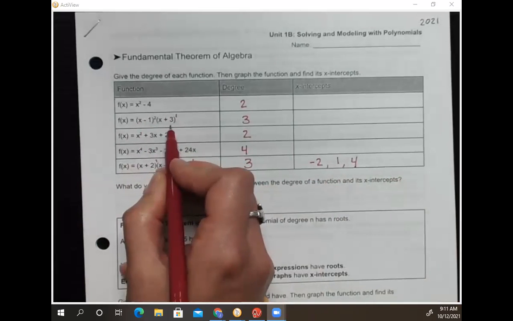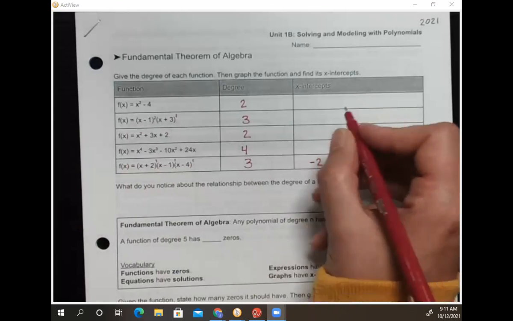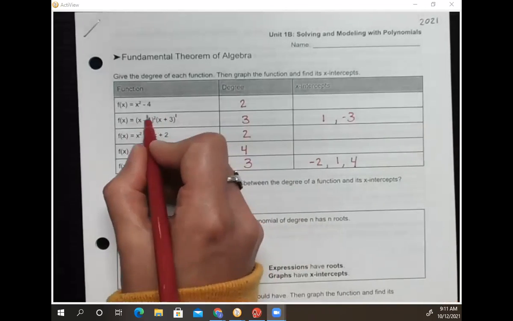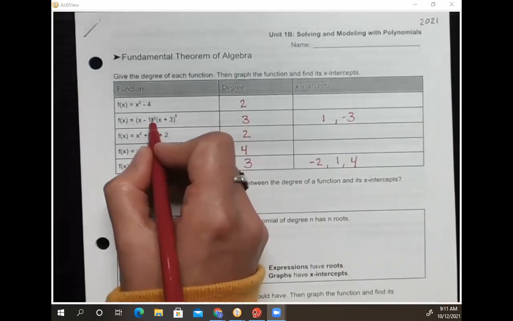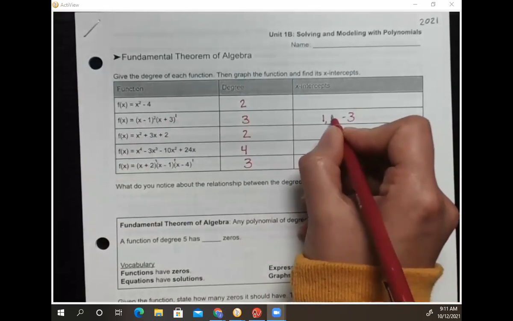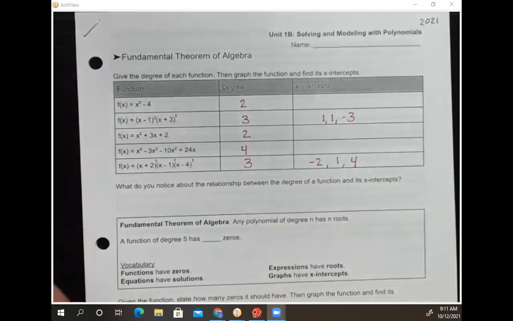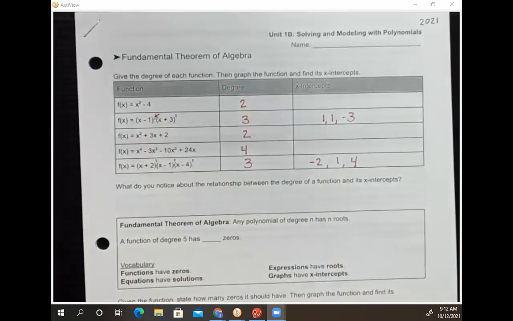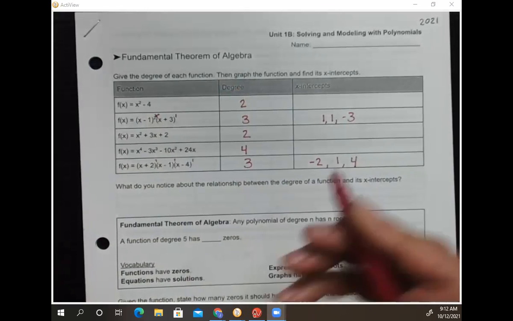What are my x-intercepts here? 1 and -3. And since the factor that I'm getting 1 from is squared, that actually means I would have 2 of them, right? Because that multiplicity is 2. I would see a bounce there, or a quadratic behavior at that x-intercept, right? Because I have that multiplicity there.